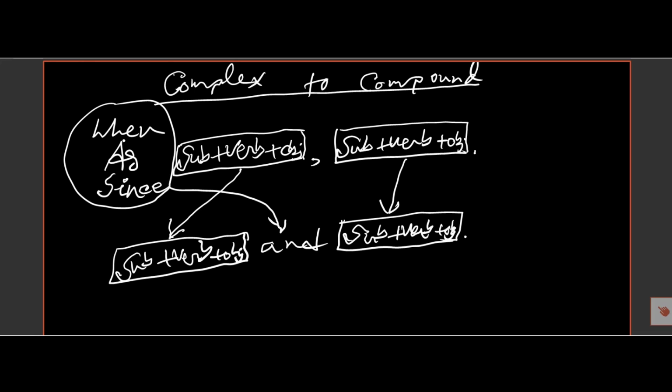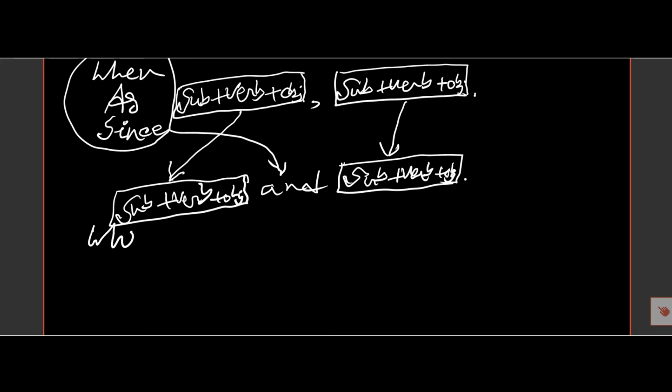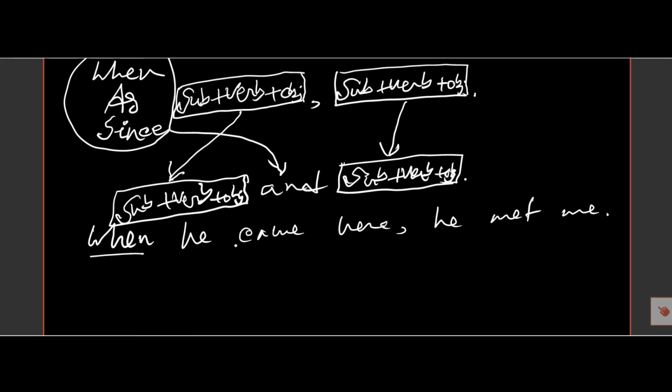Let's see an example. When he came here, he met me. So the complex sentence begins with when, and there is a part, and there is a part, and when is a conjunction.